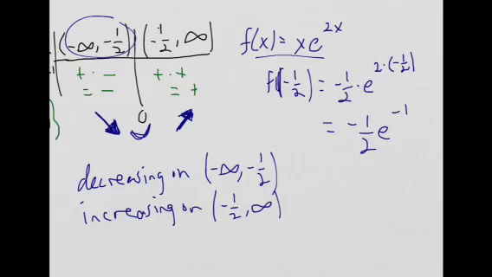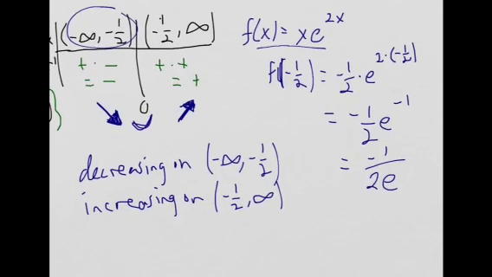If this was an FRQ, you could leave it like this and not do anything else. But it could be a multiple choice question, so it is negative 1 over 2 times e, because that e to the negative 1 moves to the bottom. It's a single power, so it just stays as e.